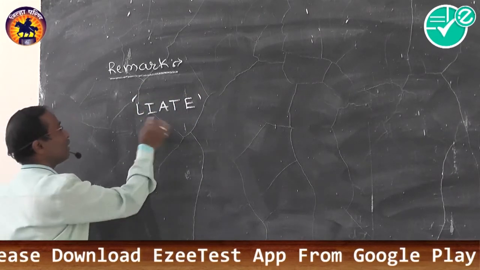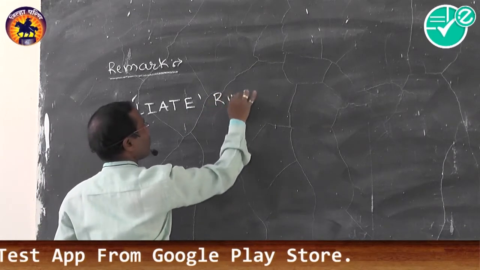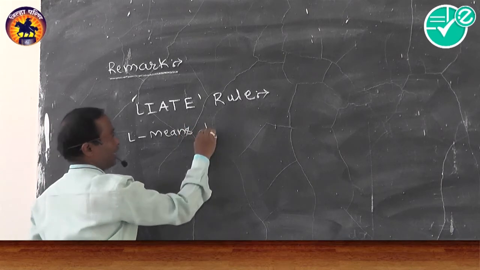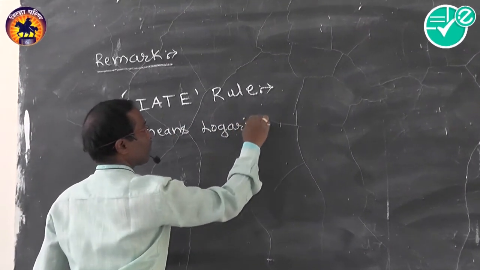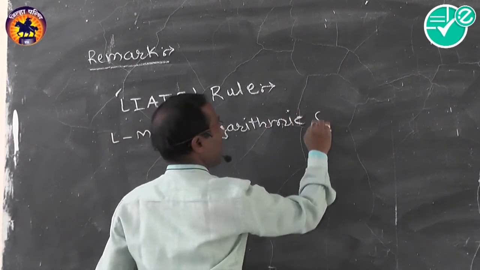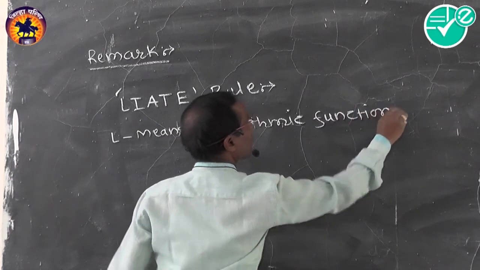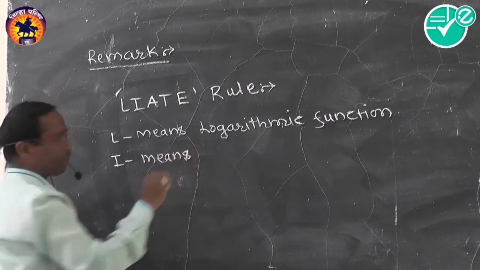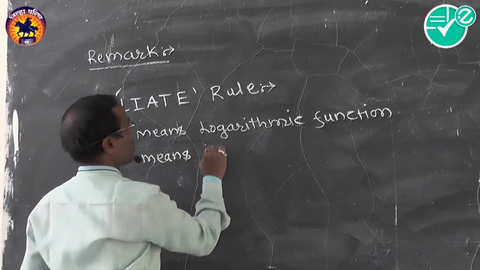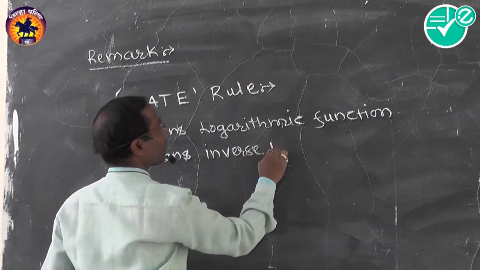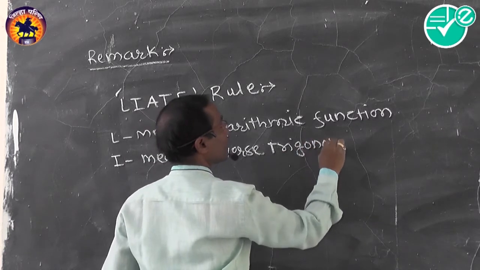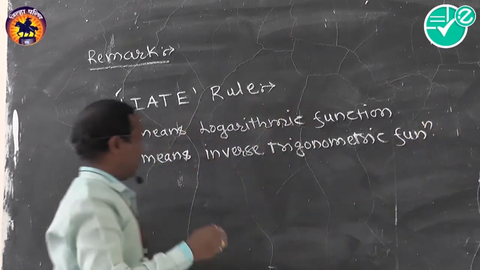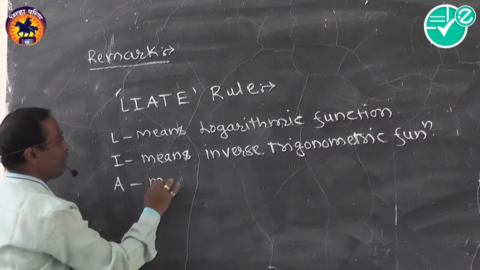This is called the LIATE rule. L means logarithmic function. I means inverse trigonometric function.